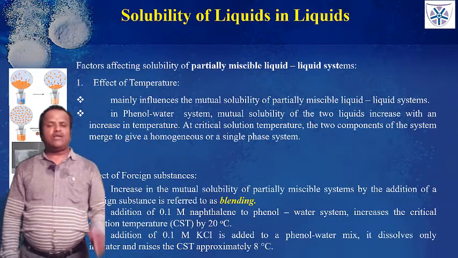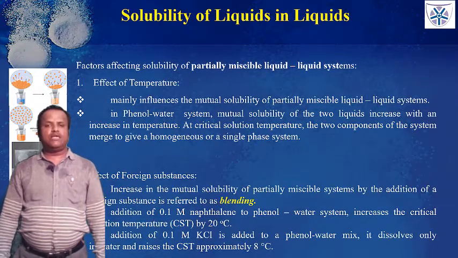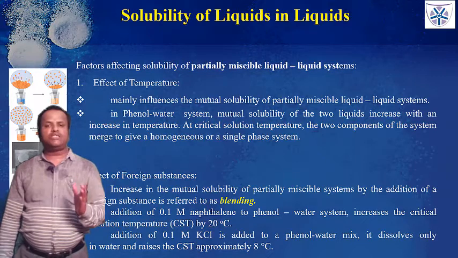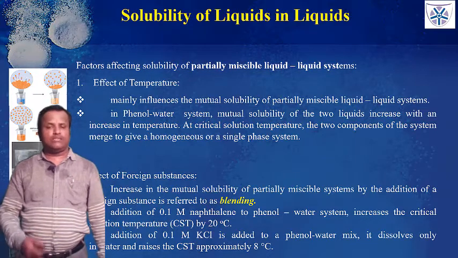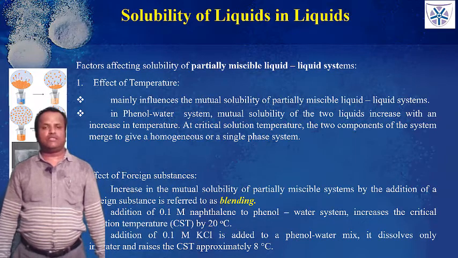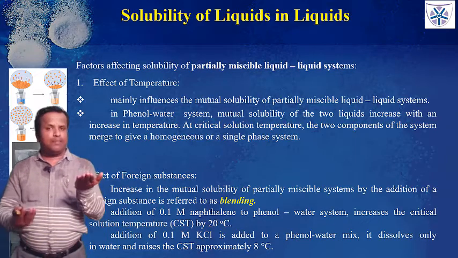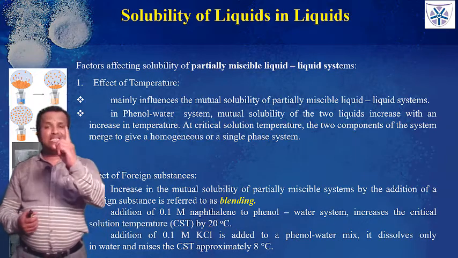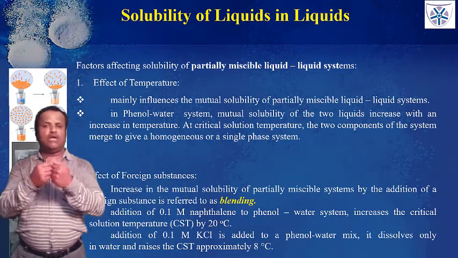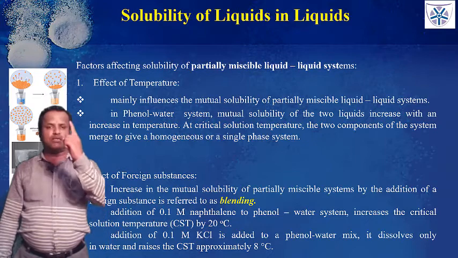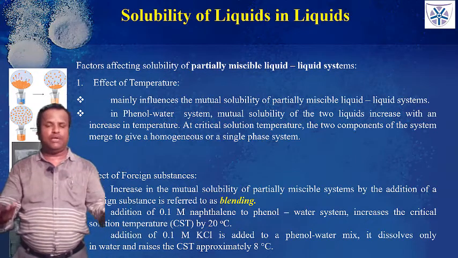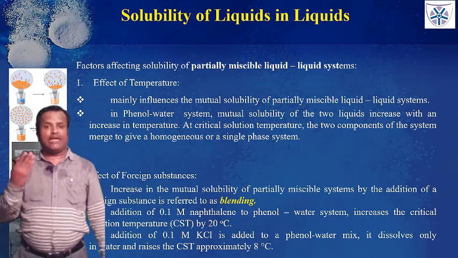So what are the factors affecting partially miscible liquid systems? The phenol water system is a partially miscible liquid system. If I increase the temperature, what will happen? It will make a single phase. That means the two liquids are completely miscible with each other and form a single, homogeneous solution.